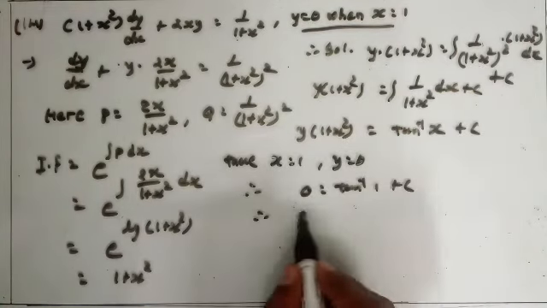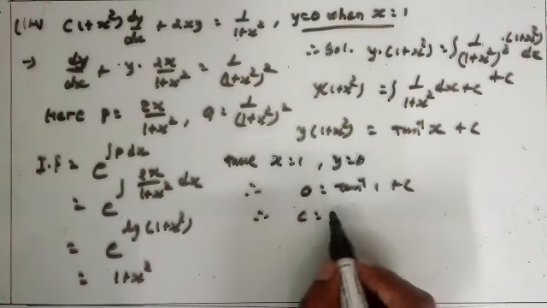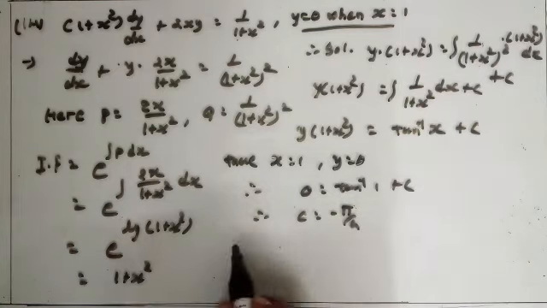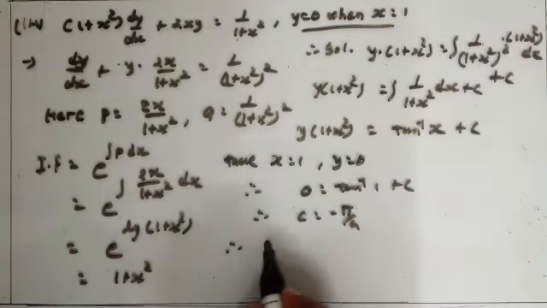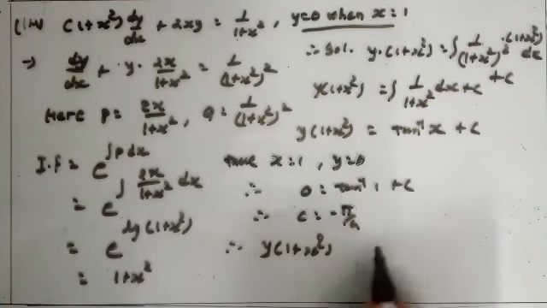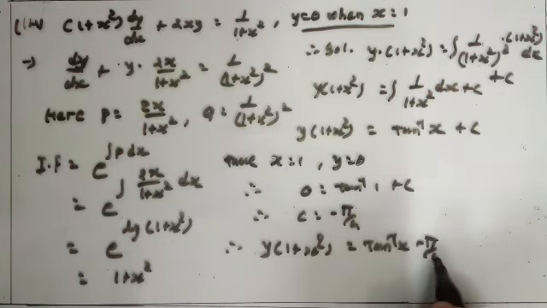Therefore c is equal to minus tan inverse 1, that is pi by 4, take this side, so minus pi by 4. Therefore, the particular solution becomes y into (1 plus x square) is equal to tan inverse x, and c is equal to minus pi by 4. Clear?